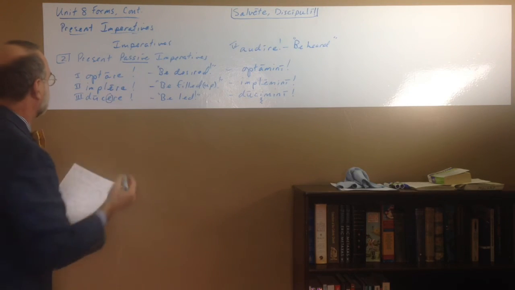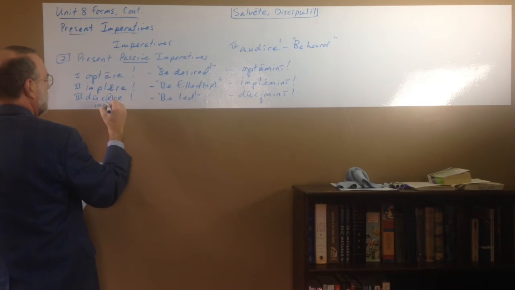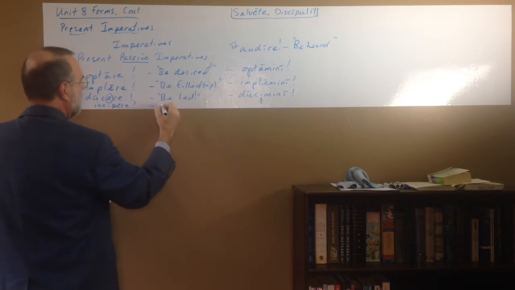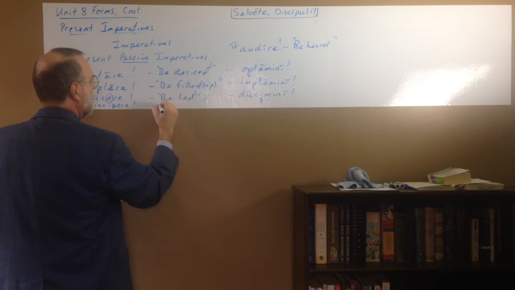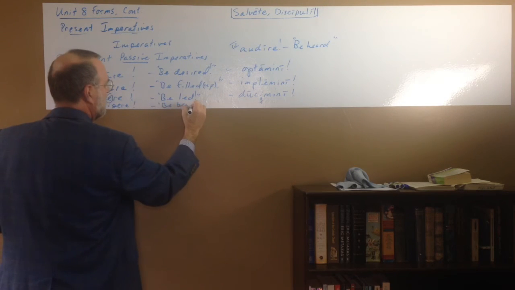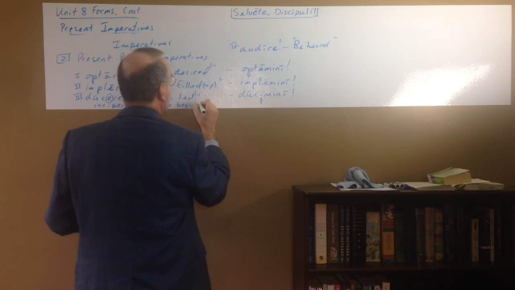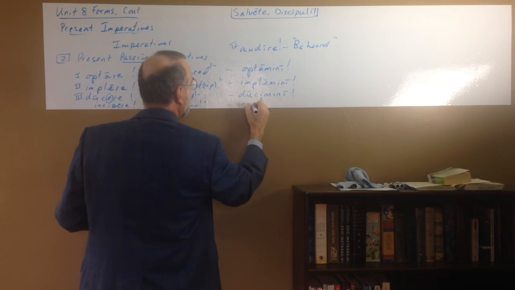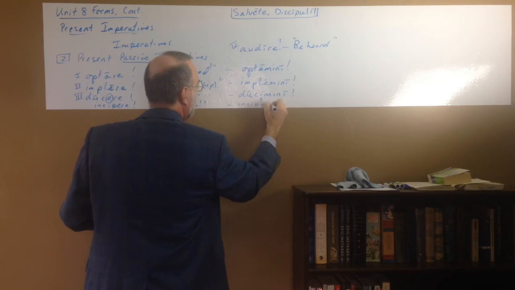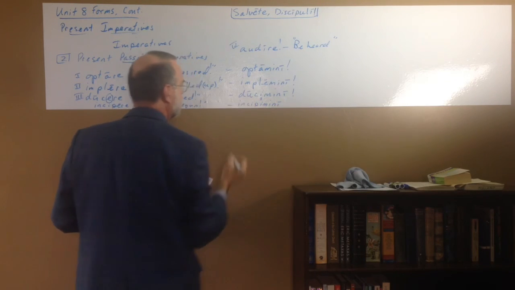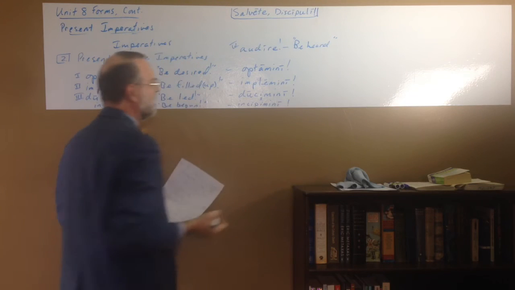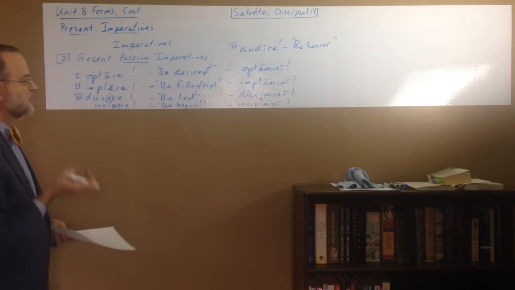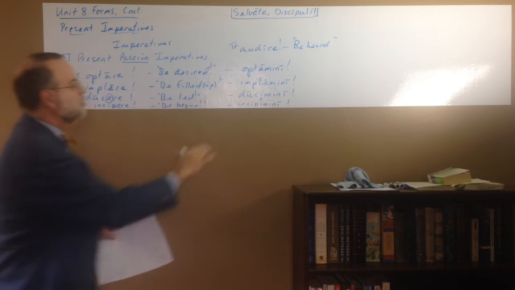Oh, and I should throw in incipere, didn't mean to leave that one out, be begun, and its plural form. That's kind of a mouthful to say. Incipimini, because the IO means you've got that extra vowel in there, so it shifts like ducimini.